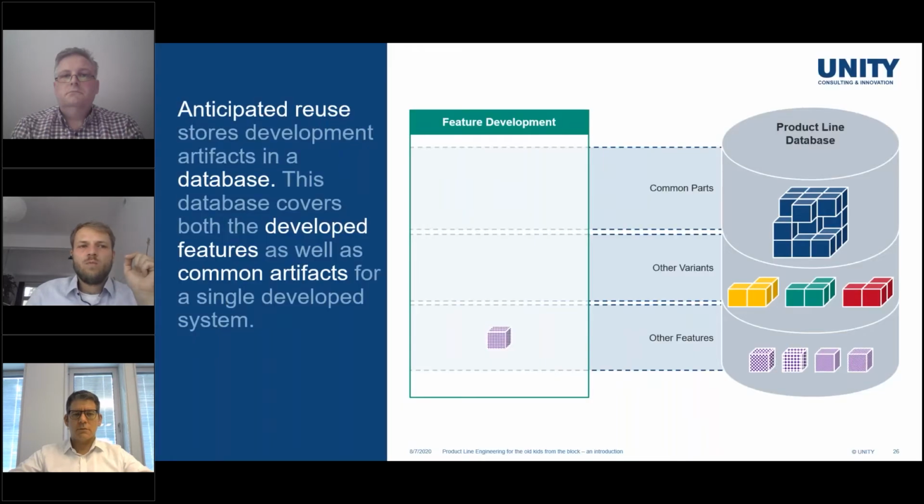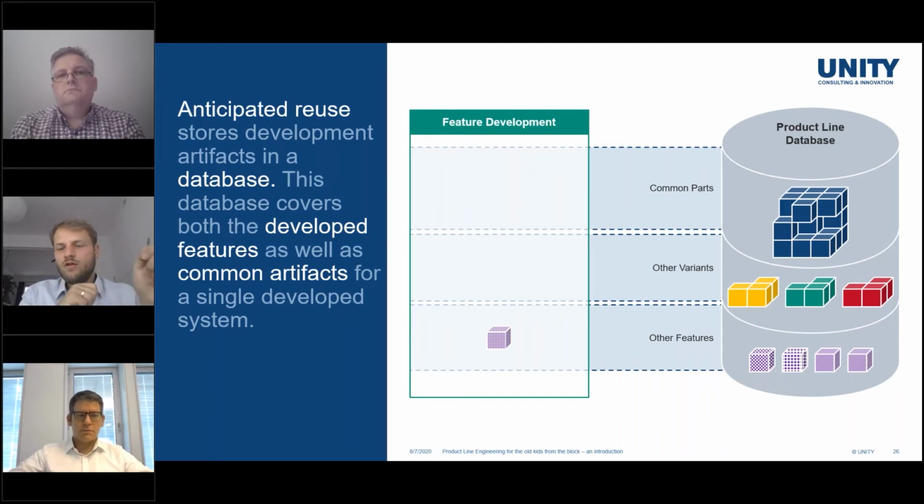And that one is also the holy grail of product line engineering, where your development artifacts, such as your test cases, your budgets, your components, your drawings, your analyses, etc. — everything that you do in your work — is stored in your database, basically.